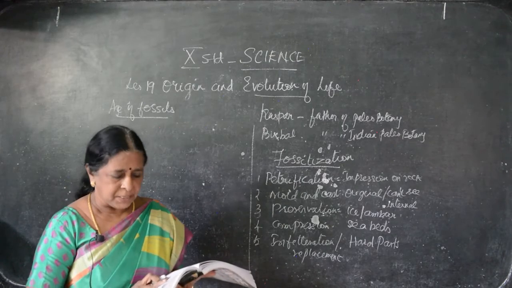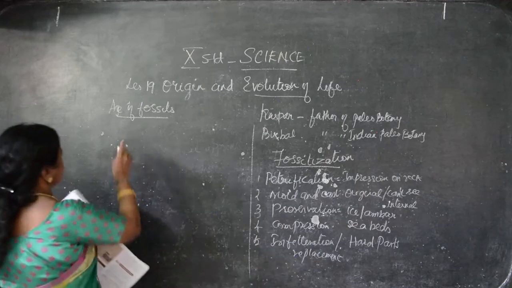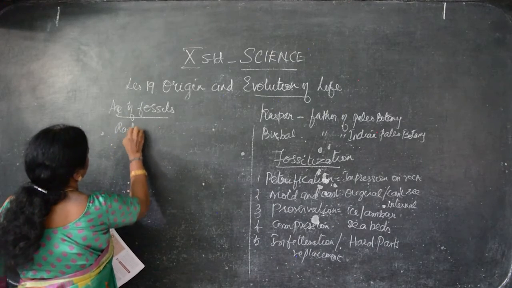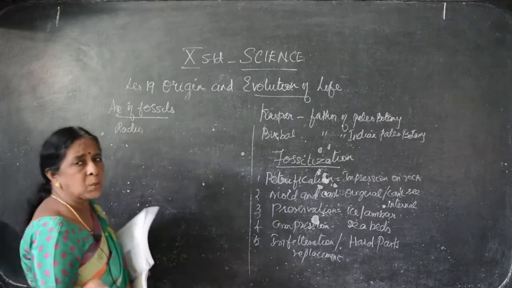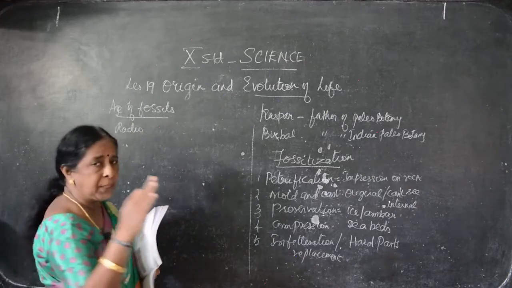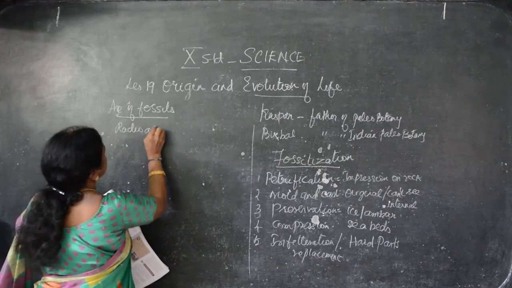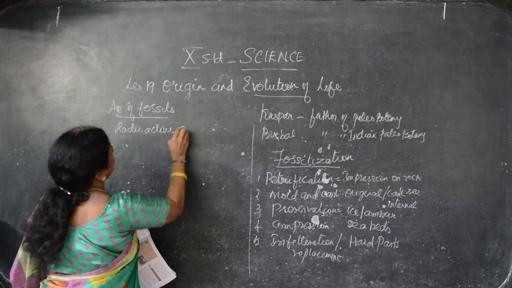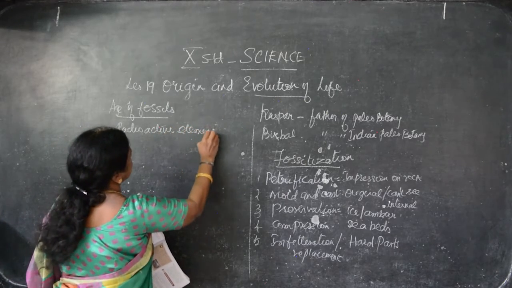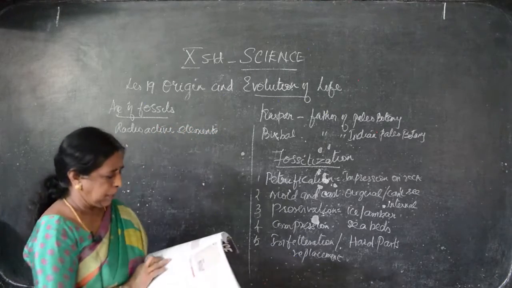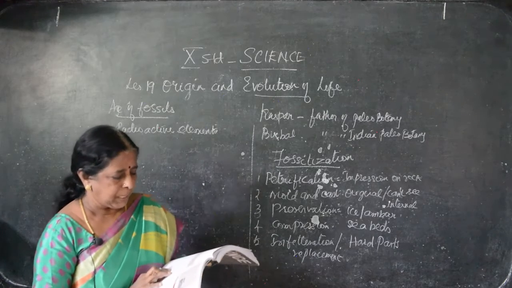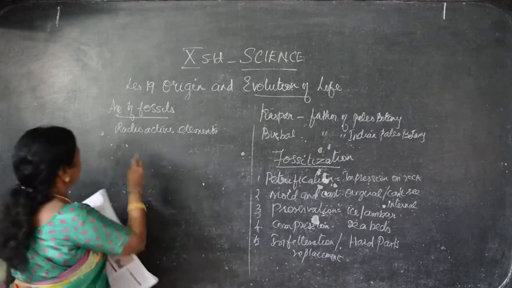The age of a fossil is determined by the radioactive elements present in it, because they are buried under the soil or sea. By the radioactive elements present, we can find out the age of the fossils. What are the radioactive elements?